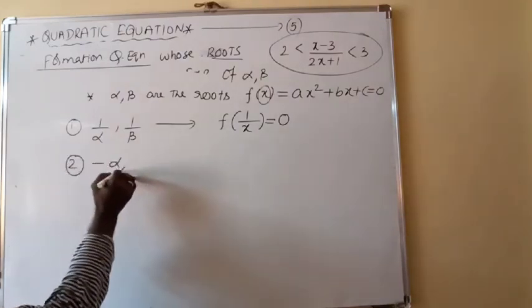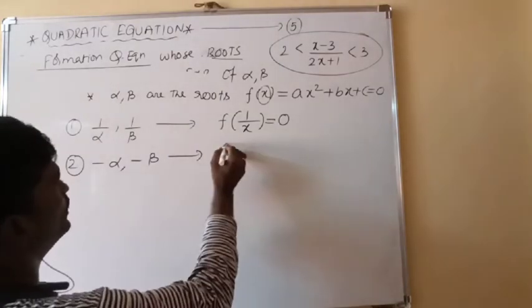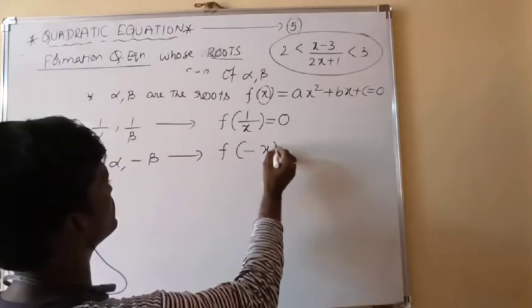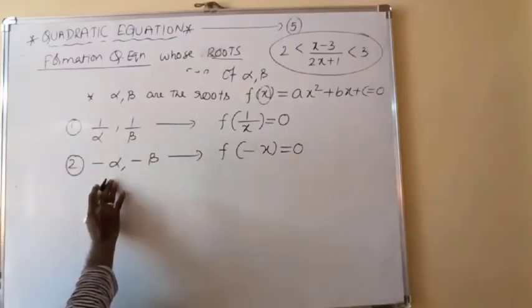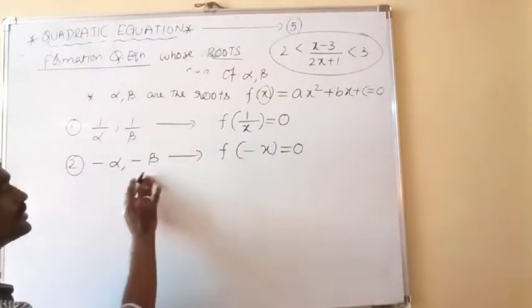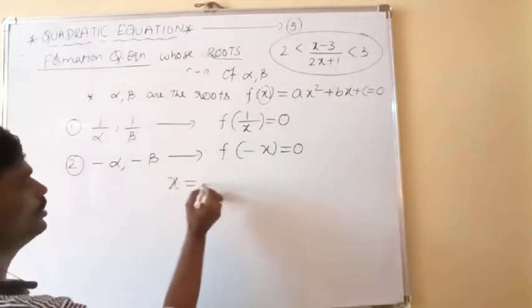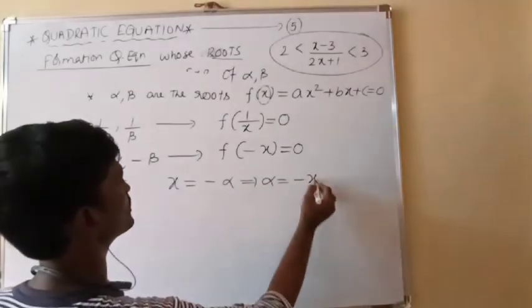Similarly, minus alpha, minus beta are the roots of the equation f of minus x is equal to 0. To get the equation whose roots are minus alpha and minus beta, put x is equal to minus alpha. From this alpha value, what you will get? Minus x.